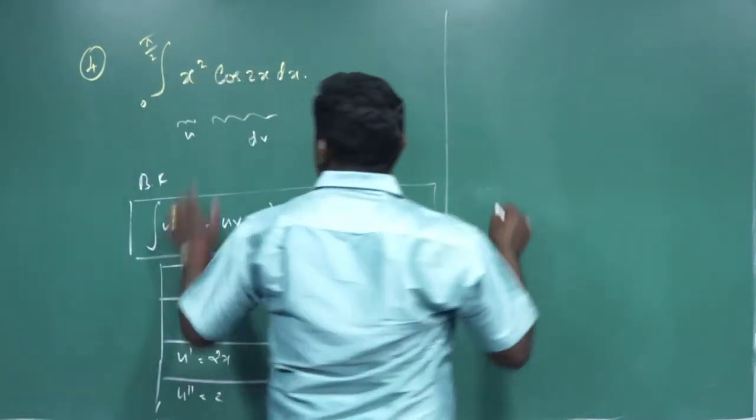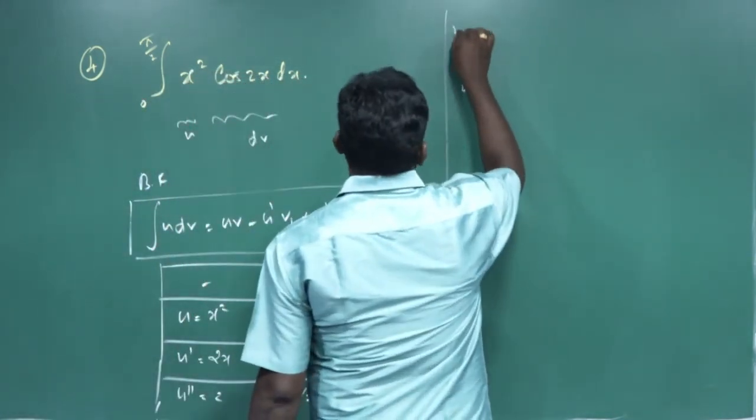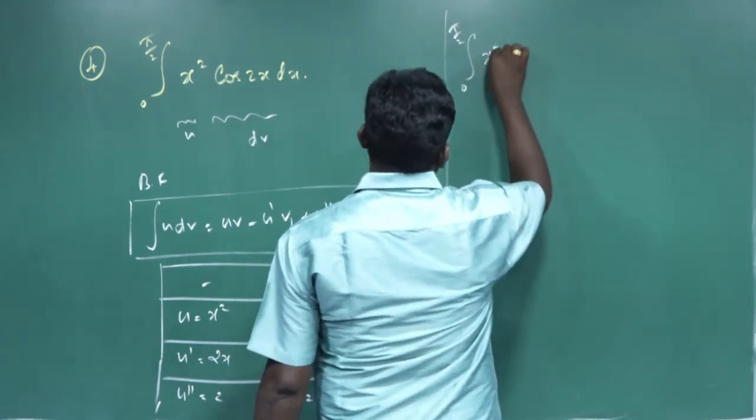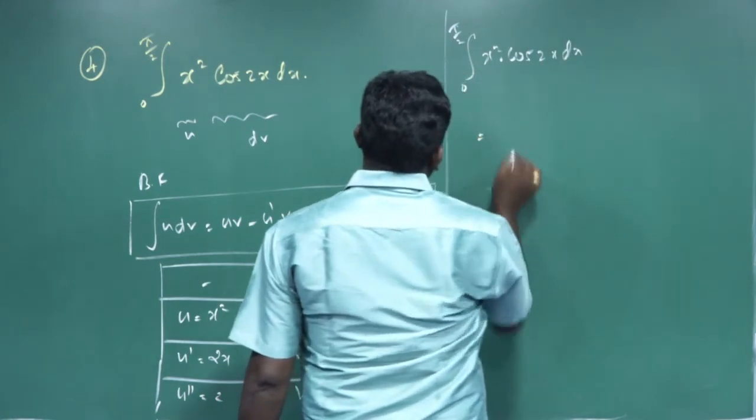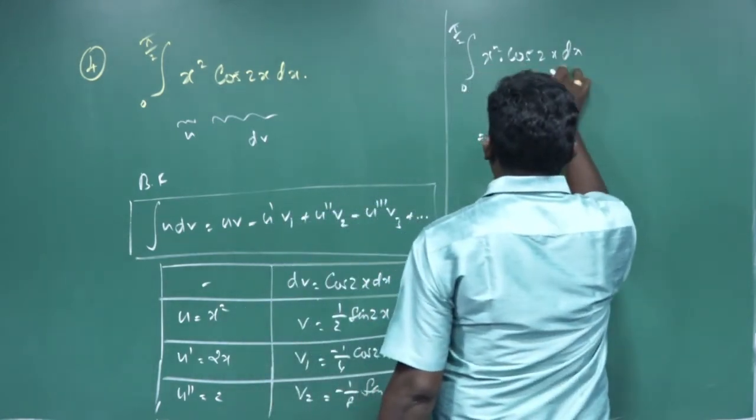Next line, the given integral from 0 to pi by 2 of x square into cos 2x dx is equal to the integral of u into dv model.